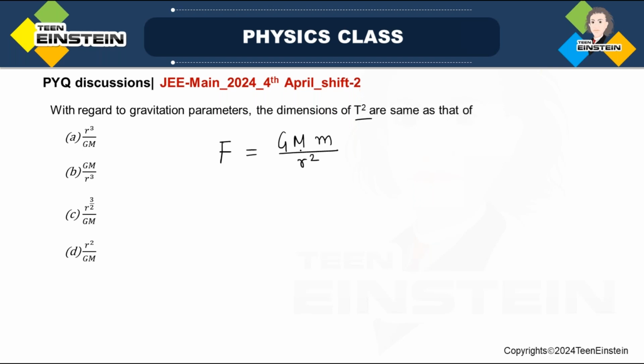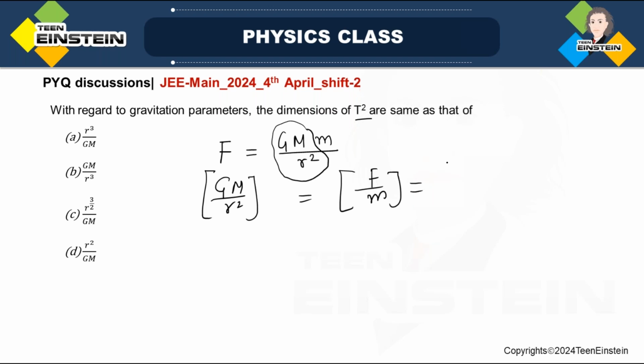Now I have the quantity GM by r square. Let me check what is the dimension of this particular quantity. So GM by r square has got dimension of F by m, that means dimension of acceleration. Acceleration is L t to the power minus 2. See, F by m, force by mass is acceleration, right? So this is L t to the power minus 2, right?